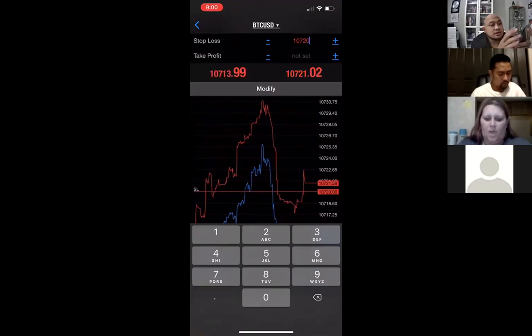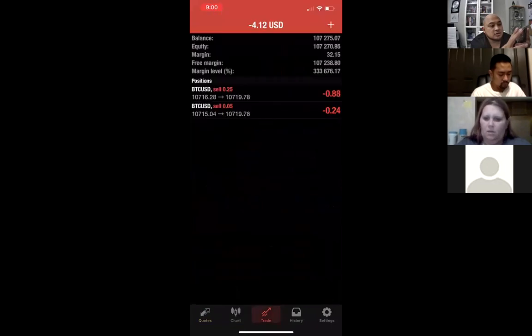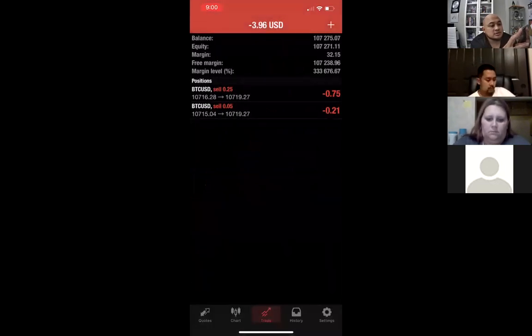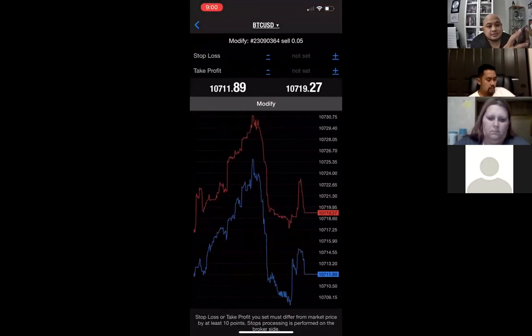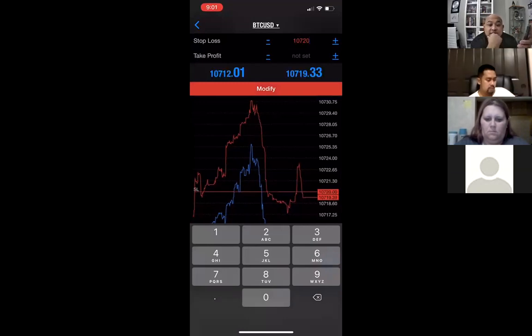Then you're going to click on the bottom left, actually you're going to go on trade. You're going to click on the middle. It says trade. Oh, okay, I found it. Then go back to whichever one you're at, then click on modify. Then you're going to type in a number, 10,720, and it should turn the modify button red.